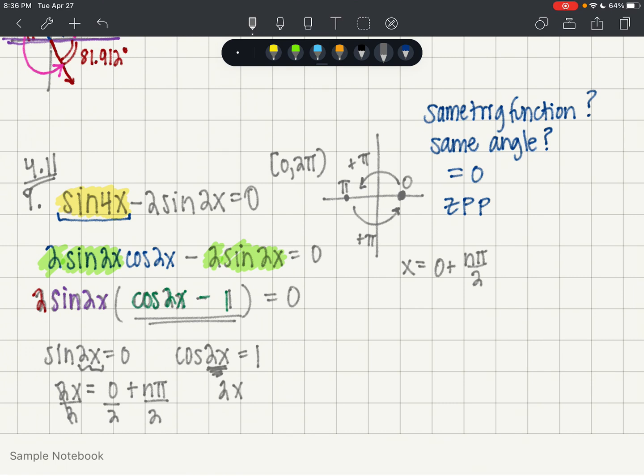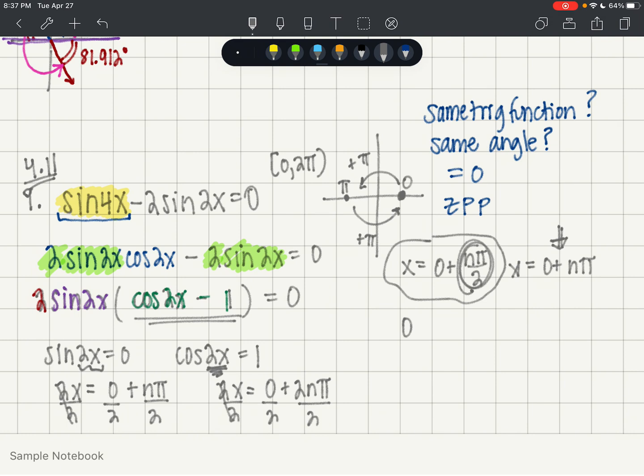So what angle do I put in for 2x that is going to give me an output of 1 for cosine? Well, that is going to happen at 0 plus 2n pi. I divide by 2, and I get x equals 0 plus n pi. Well, this solution right here is going to get all of these solutions. If I put a 0 in for n, I'm going to have 0 plus 0.